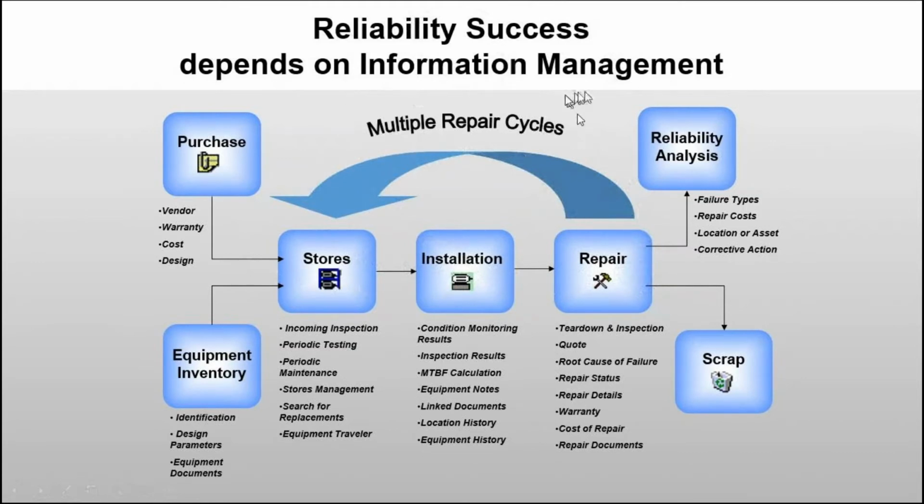Other types of information are captured while it's in stores, like incoming inspections or periodic maintenance, such as replacing desiccant packs to keep humidity damage down, or turning shafts on motors in storage to reduce or eliminate false brinelling. Then there's the information you generate during a service installation.